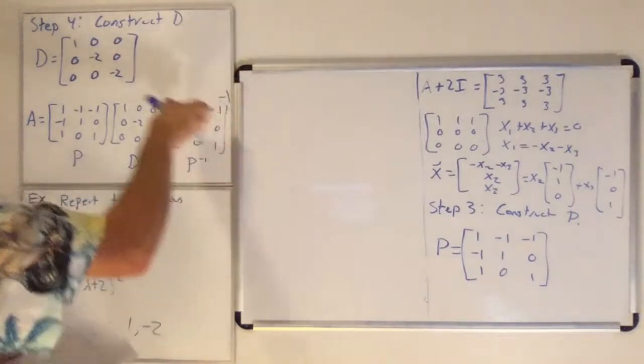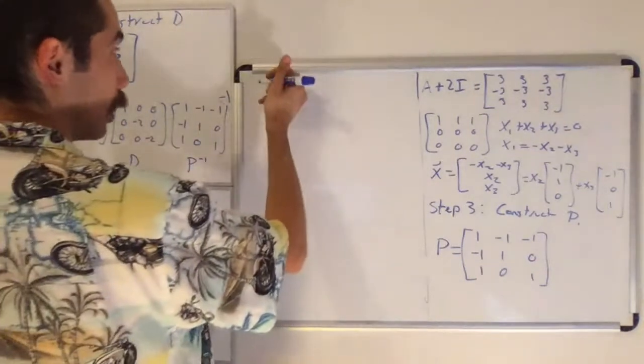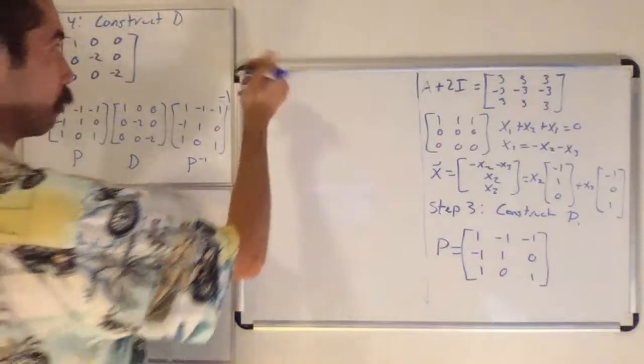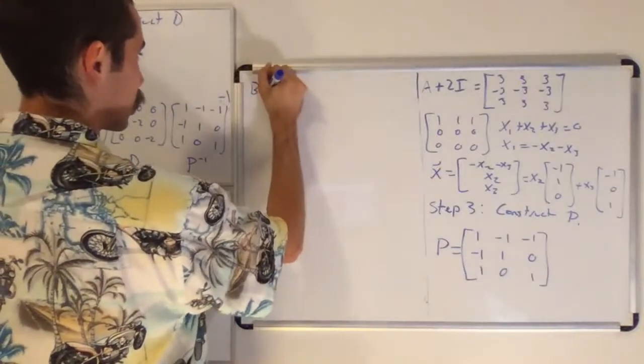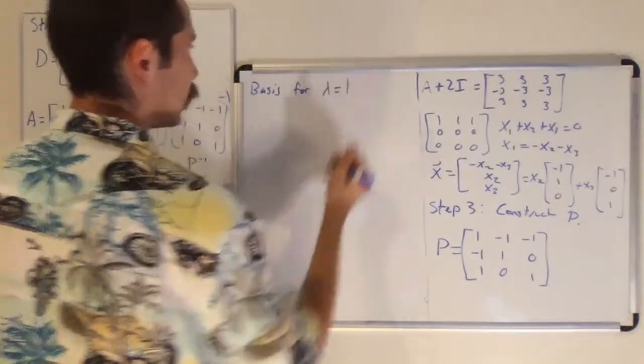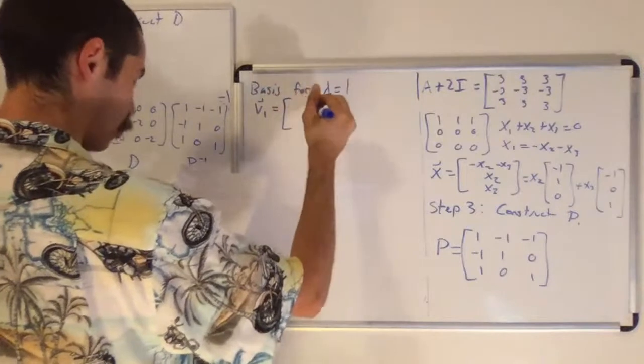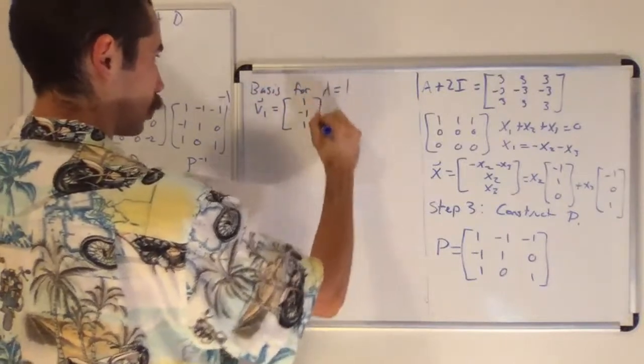I'm not going to go through all the steps like we did last time, but you could check, and I would recommend doing this out after class as practice. So a basis for lambda equals 1 is the vector (1, -1, 1).